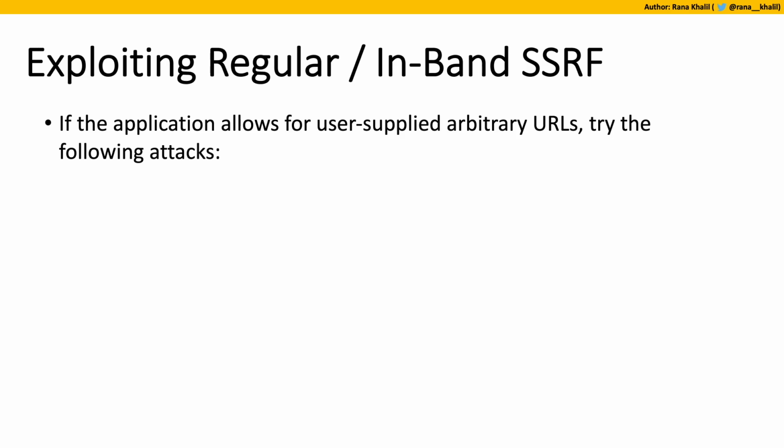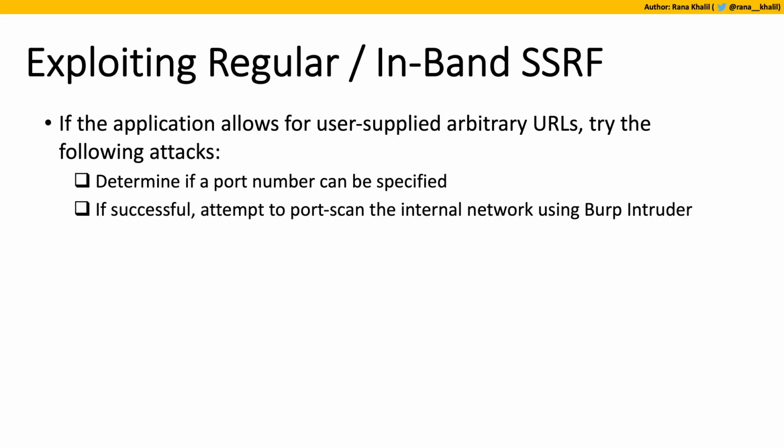In this scenario, it's the easiest because the first thing you do is determine if a port number can be specified. And if it can be specified, then you just attempt to port scan the internal network using Burp Intruder. And we have a lab dedicated to doing just that, where we scan the internal network to look for other applications that could potentially give us access to sensitive functionality that is not normally available to an external user.